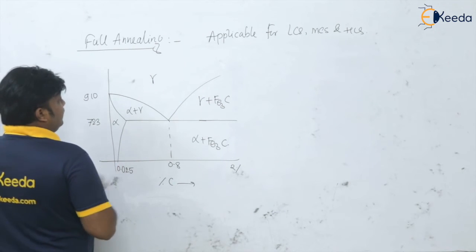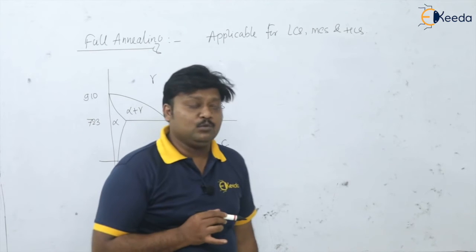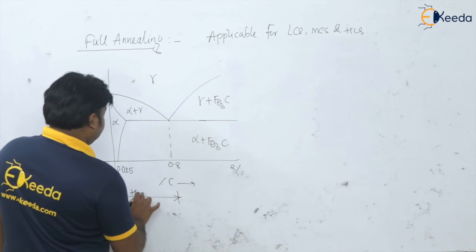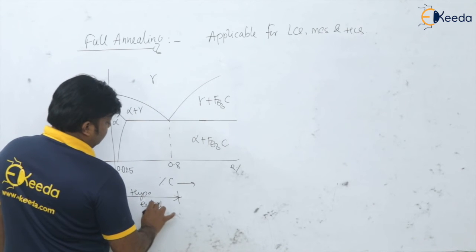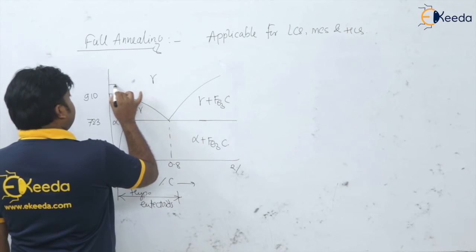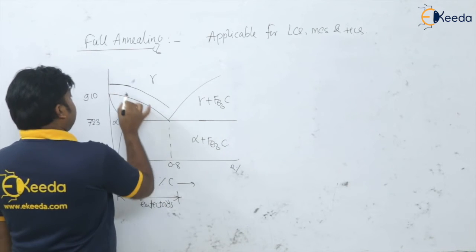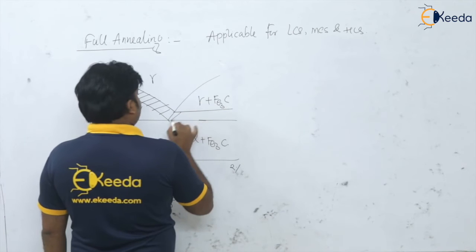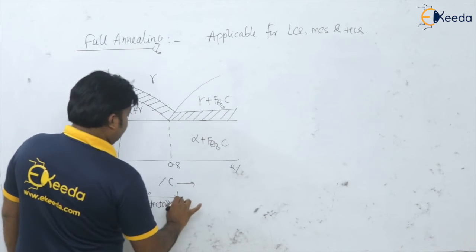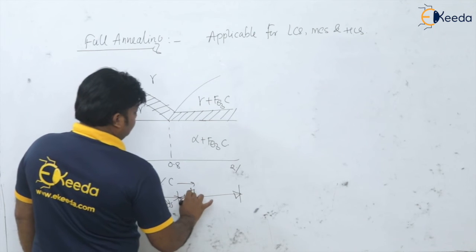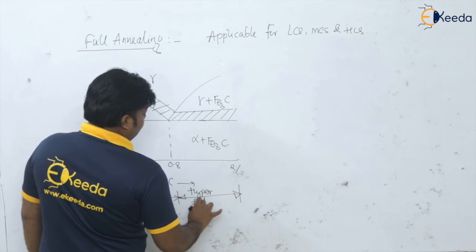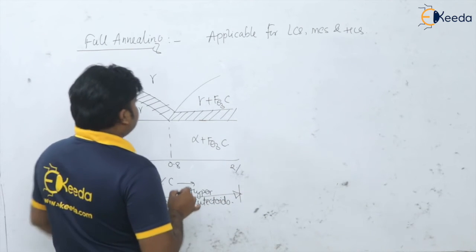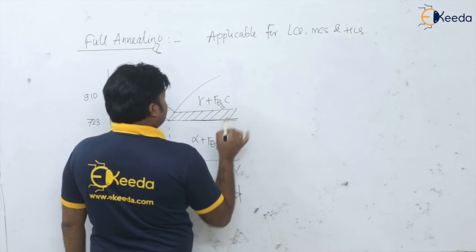So if you see the heating temperature for this full annealing process, for the hypoeutectoid steels, it is 50 or 55 degree centigrade above the upper critical temperature, and for the hypereutectoid steels, it is 50 degree centigrade above the lower critical temperature.